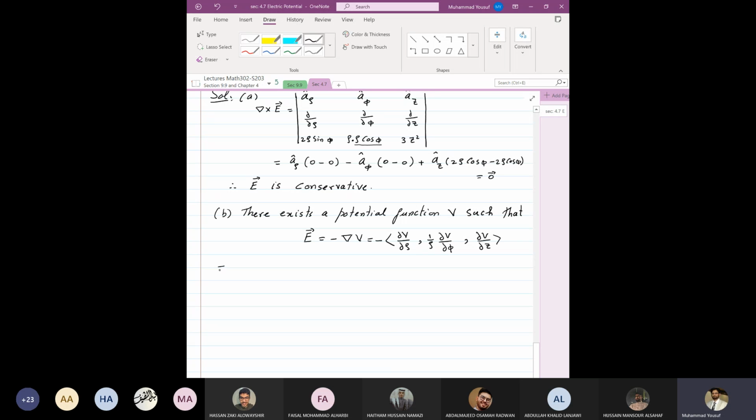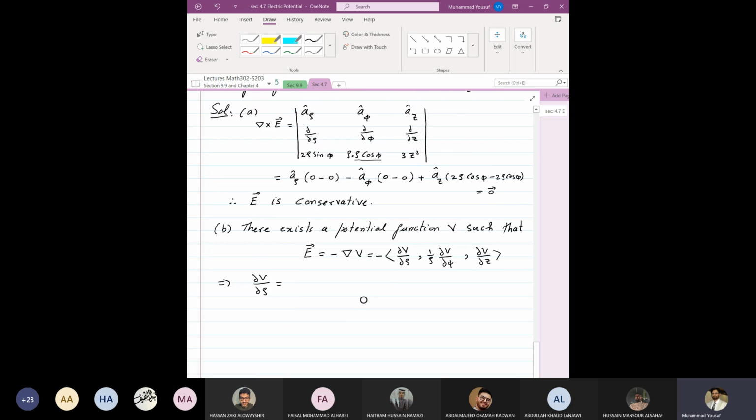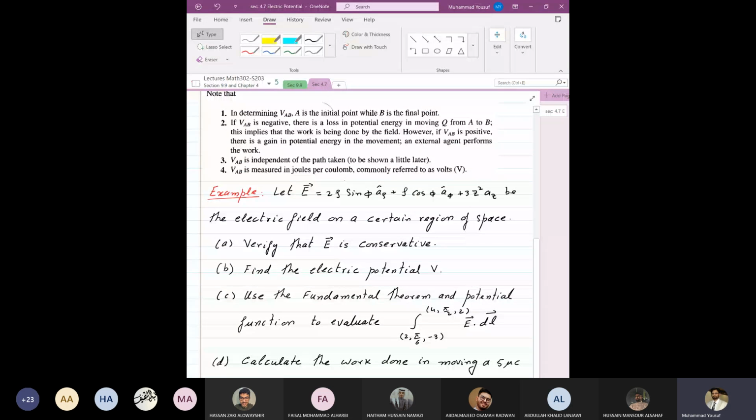So this implies partial V by partial rho is equal to negative of the first component of E, 2 rho sine phi.